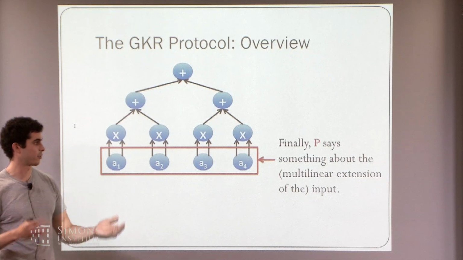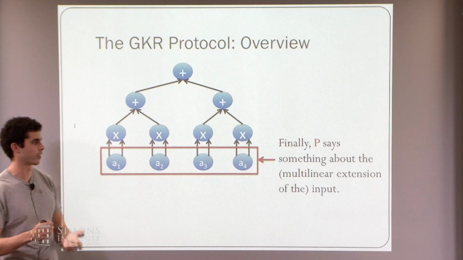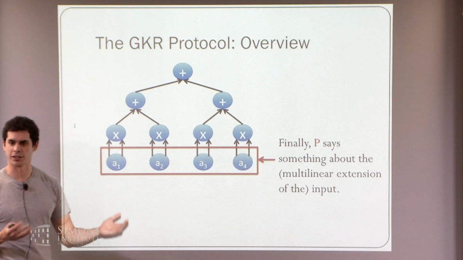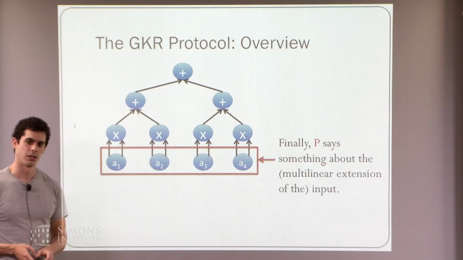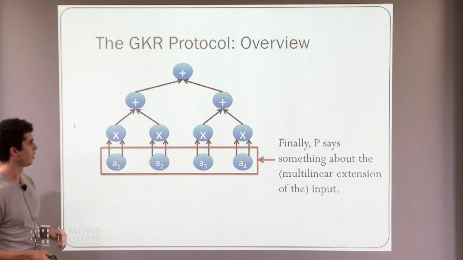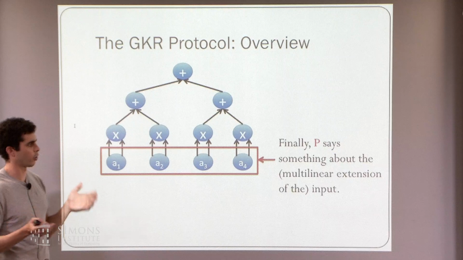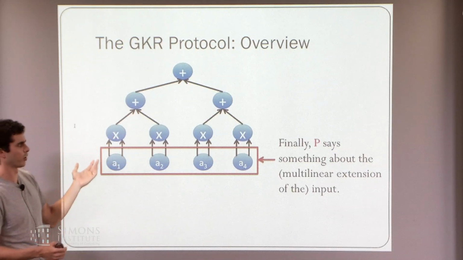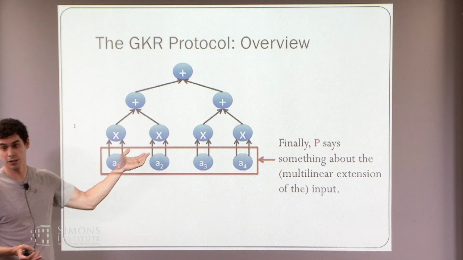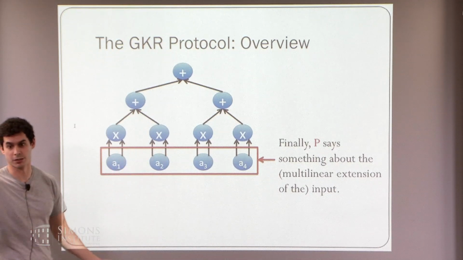There's not too much I can really say about this other than if your circuit is log space uniform, then this all works out very nicely and the verifier doesn't need to materialize the whole circuit. But if it's not log space, if it's just some totally wild, ridiculous circuit, then it's hopeless. For the verifier to even really know what circuit you're dealing with, the verifier is going to have to look at the whole circuit. How are you even going to write down an arbitrary circuit?